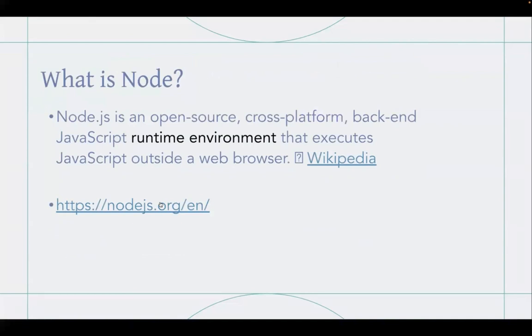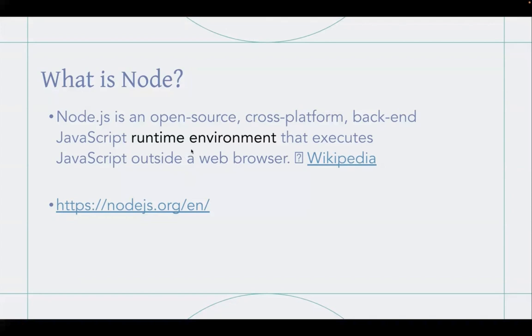All right? So we are going to use Node. What is Node? It's an open source cross-platform that is going to allow us to run JavaScript on the terminal window, right? Hopefully all of you are familiar with Java runtime environment, the JRE. So it's something similar.